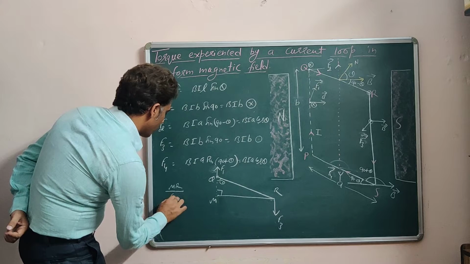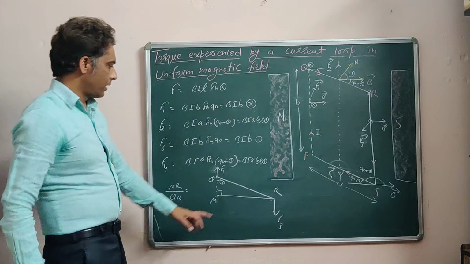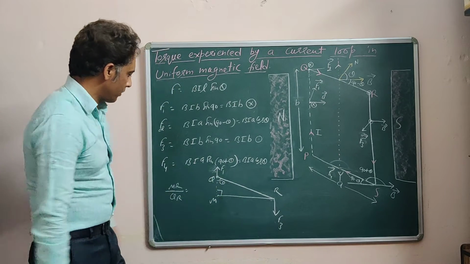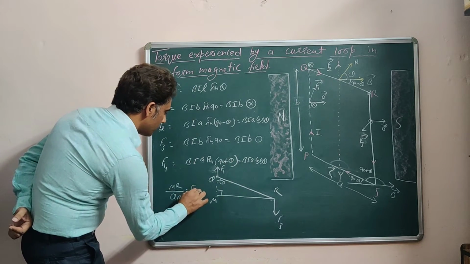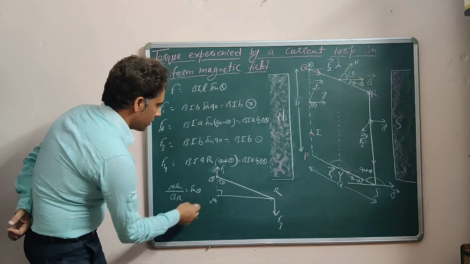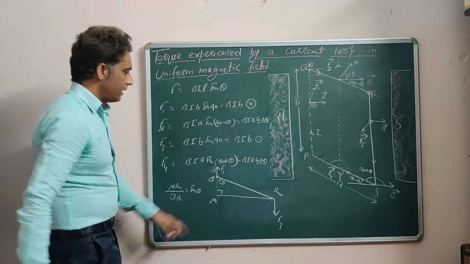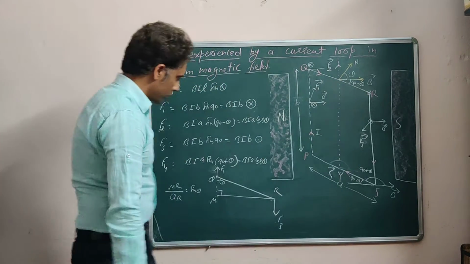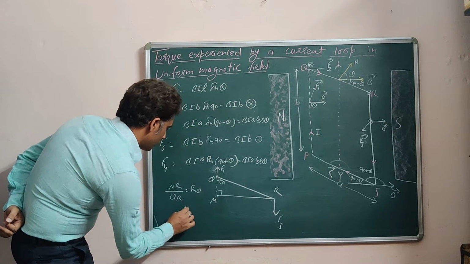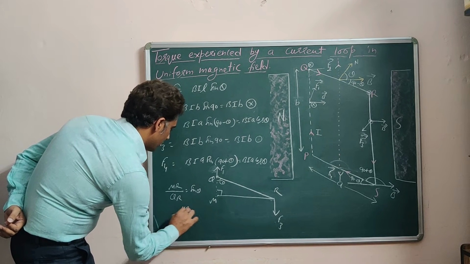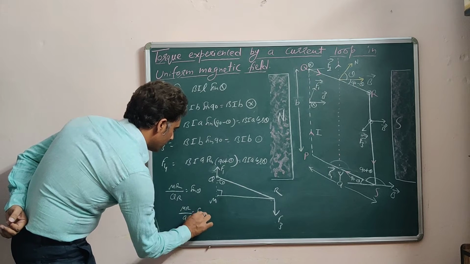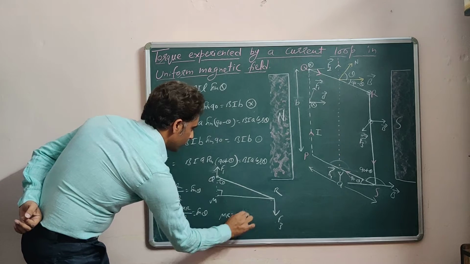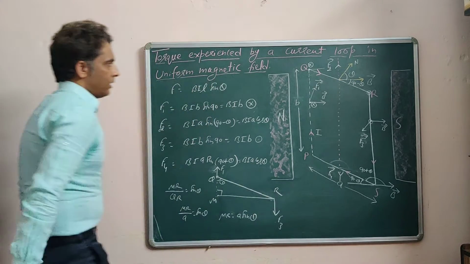over QR. Now this MR is perpendicular, so perpendicular over hypotenuse is equal to sin theta. And this QR is equal to A, the length of this portion is A. So MR over A is equal to sin theta, means MR is equal to A sin theta.